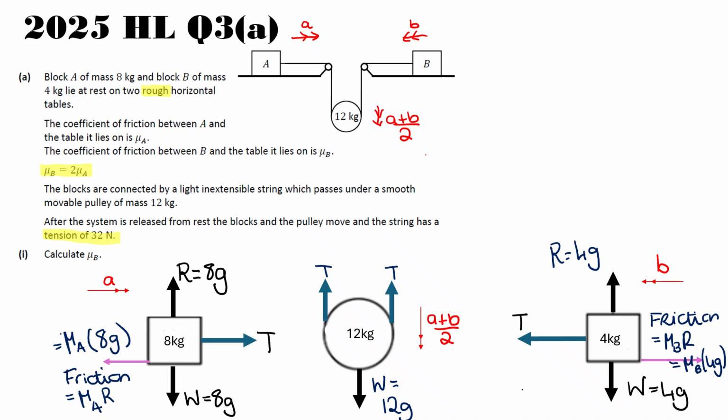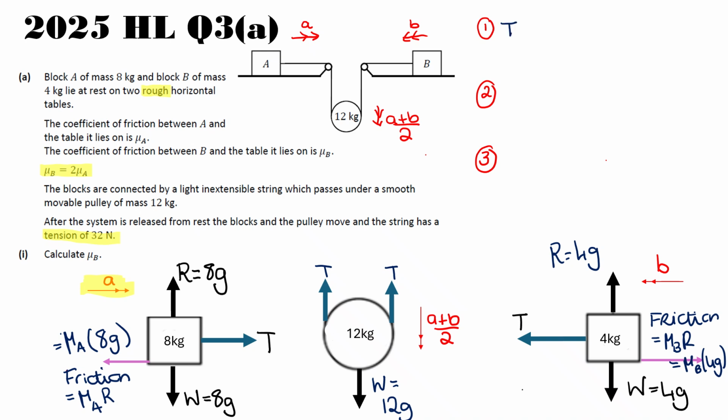So then what we want to do is create an equation for each of these force diagrams. So the direction of motion is telling us which way we're taking as positive. So for the first particle, we'll take the A, that's our 8 kg particle.